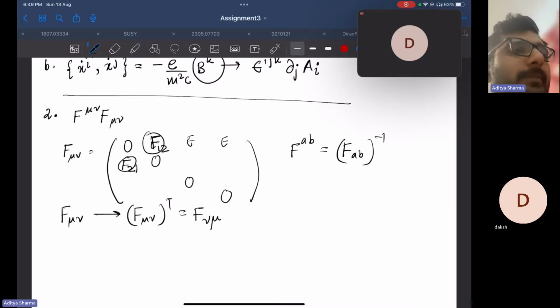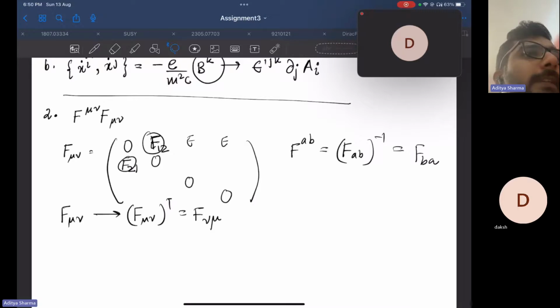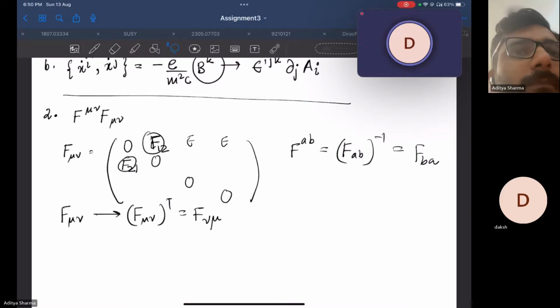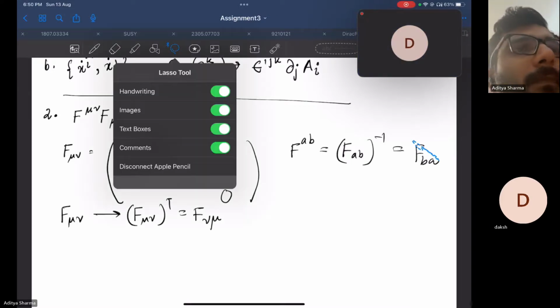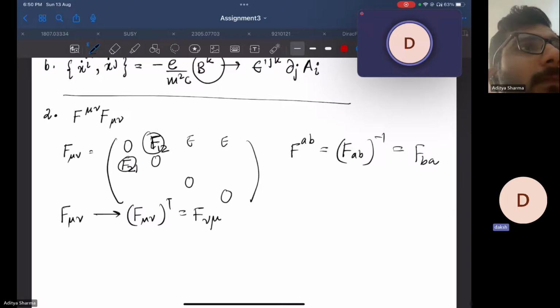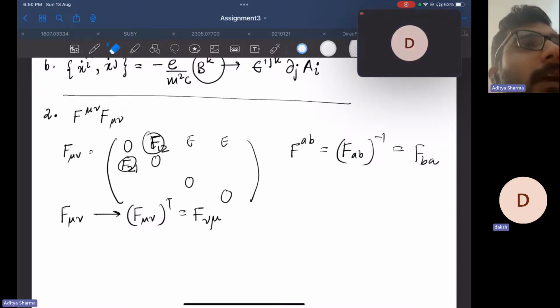Okay, the upper symbols mean that it may so happen that this is equal to something like B A, but it's not the transpose of the other in general. I'm saying in the tensor sense. It is inverse, actually. That's what you're saying, right?